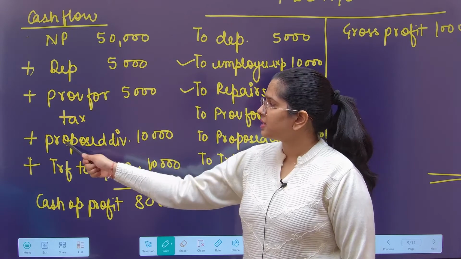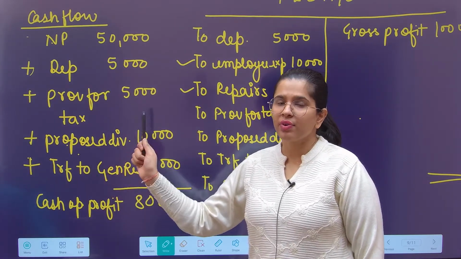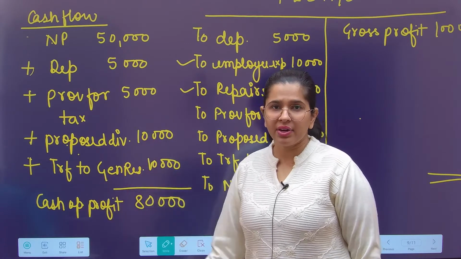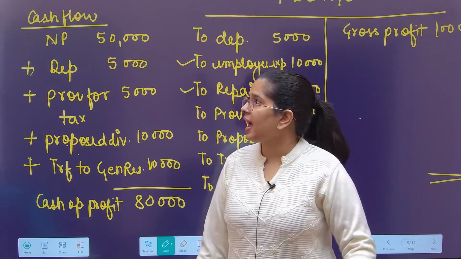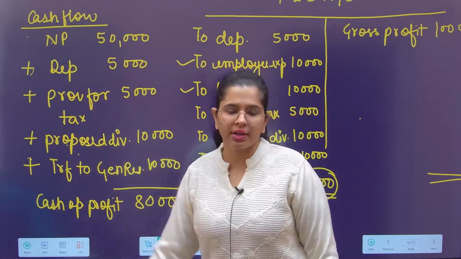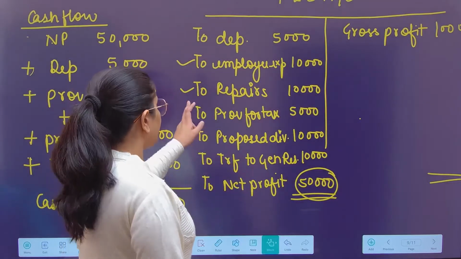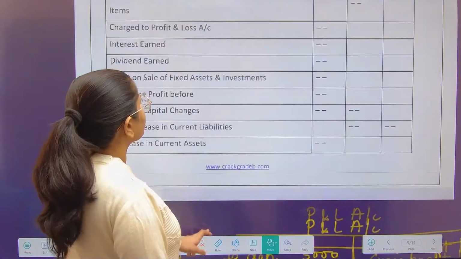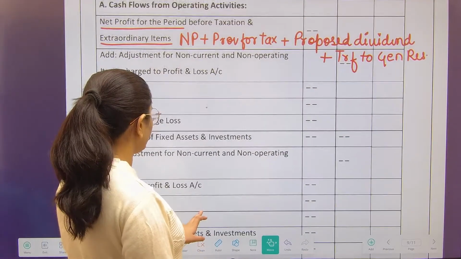Apart from it, this is not an operating item, this is a financing item, and any dividend which is actually paid in cash will appear in the financing activity. Depreciation is a non-cash item, so that's how we will calculate our profit. So I hope now with this particular example it is clear to you.